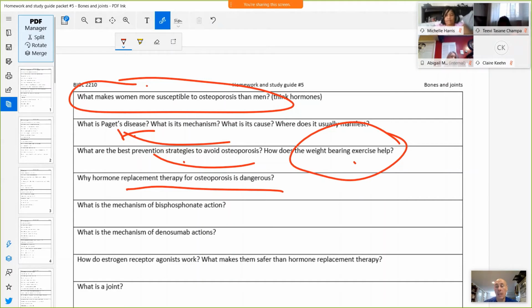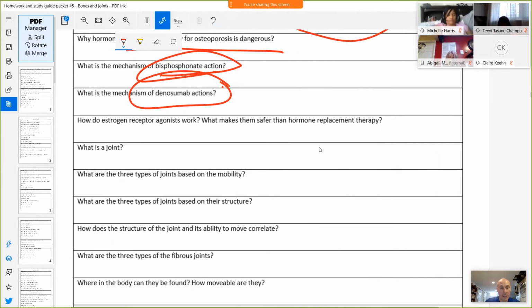Bisphosphonate action: bisphosphonate causes the apoptosis of osteoclasts, essentially preventing osteoclast activity. And denosumab also targets osteoclasts into apoptosis. It's highly specific. Estrogen receptor agonists act specifically, stimulating estrogen receptors on the bone, but not on other organs like breasts or uterus.